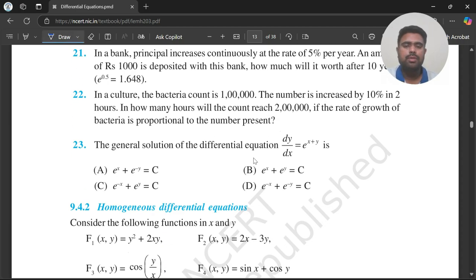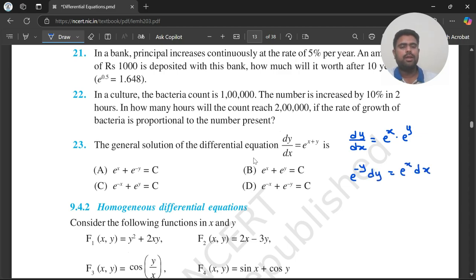The general solution of the differential equation dy by dx equal to e raised to x plus y. You can see dy by dx equal to e raised to x plus y can be written as e raised to x into e raised to y. Why? a raised to m plus n is a raised to m into a raised to n. So we get e raised to minus y dy equal to e raised to x dx.